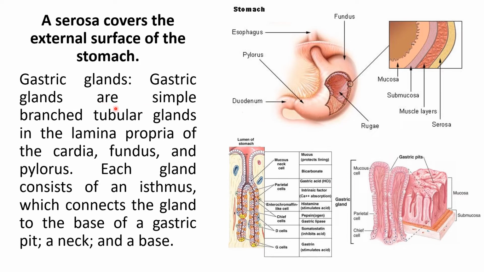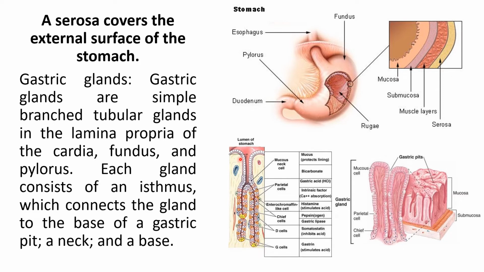One of the very important as well as characteristic features of the stomach is the presence of gastric glands. And these gastric glands are simple branched tubular glands. You can see here these are simple glands with a single layer of cells.